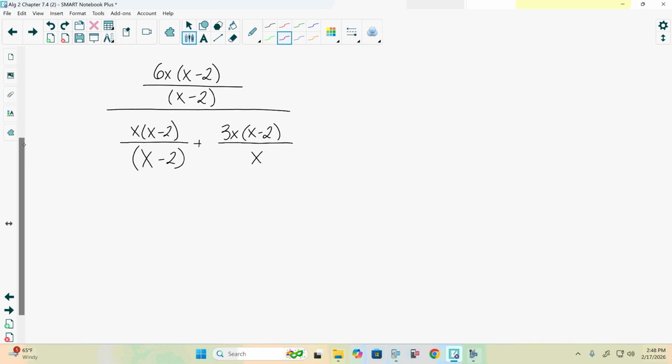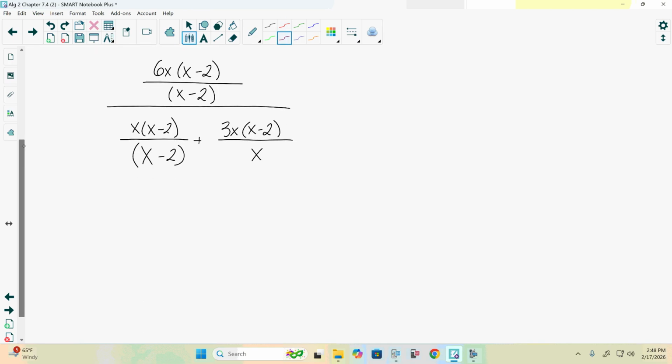Now that we've done that, we can simplify what's in common in the fractions in the numerator and denominator. On top, we have the x minus 2 and x minus 2, leaving us with 6x.